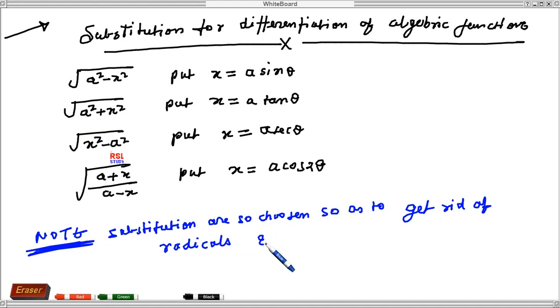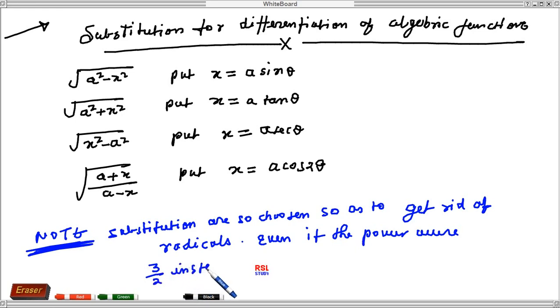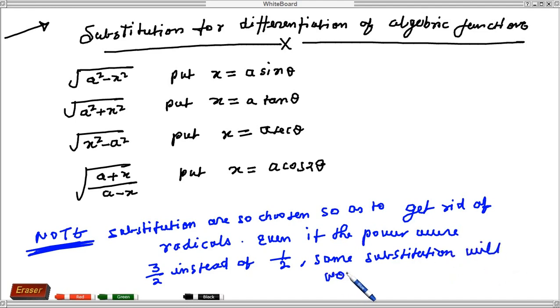So we have to choose a substitution such that we get rid of radicals. Even if the power were 3 by 2 instead of 1 by 2, the same substitution will work.